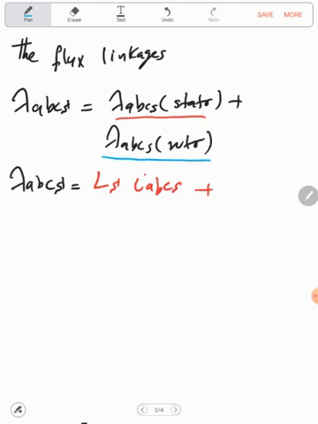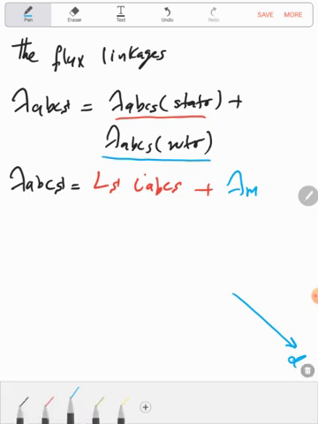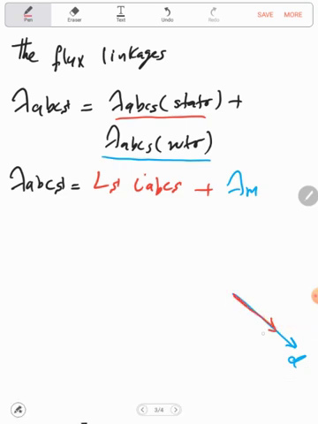This one is constant, and this one is equal to lambda m. And let's assume it's lambda m, and this lambda m is in the direction of the d axis. So simply all the flux of the rotor is pointed toward the d axis. So this one is the d. So simply the flux of the rotor is here, lambda m.